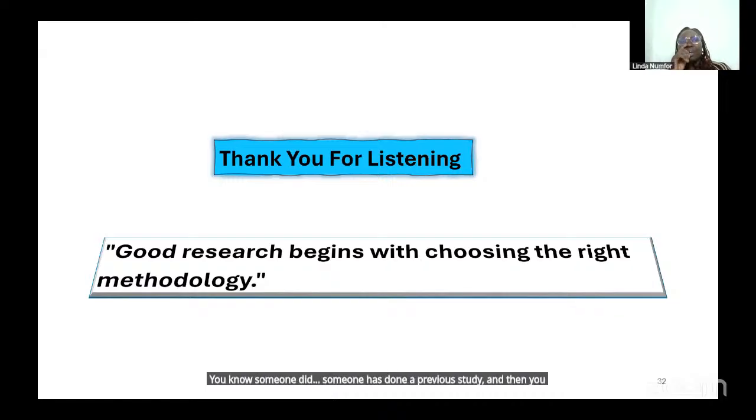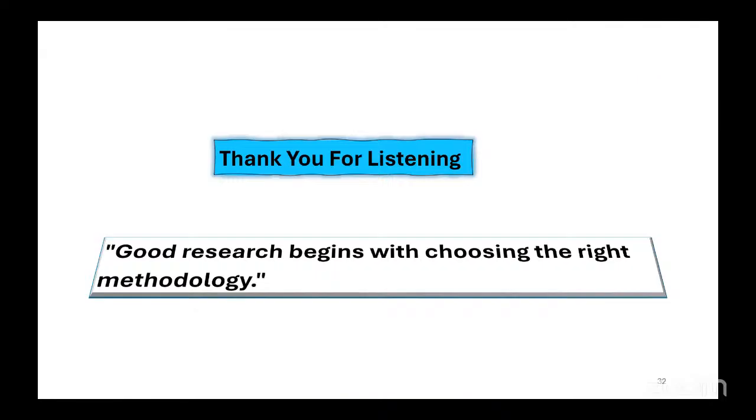Then you know, if this person did this and got this, then my sample size could be this. So you state from the literature you work with, then when you do the experiment, you can refer back to the literature. Okay, thank you. Welcome.